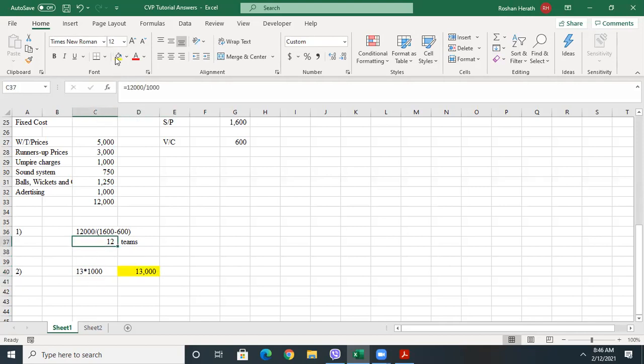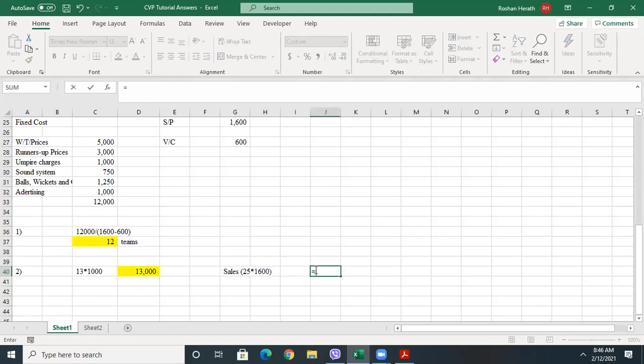If you're not sure about that, you can still work out the full formula. You can take the sales. There you have 25 teams, that is into 1,600. That is the sales. 25 into 1,600. Then you can get the variable cost.